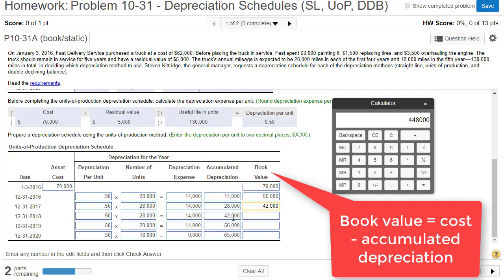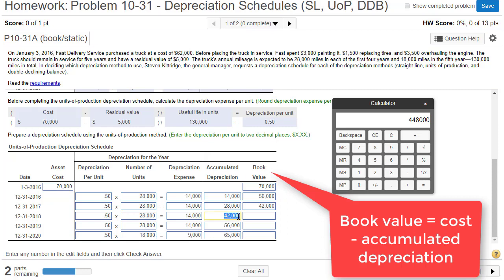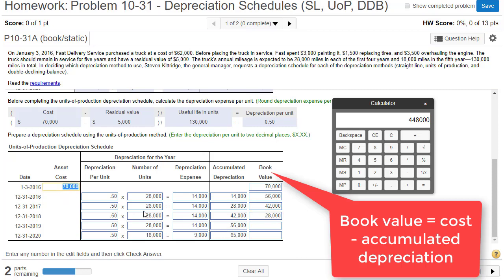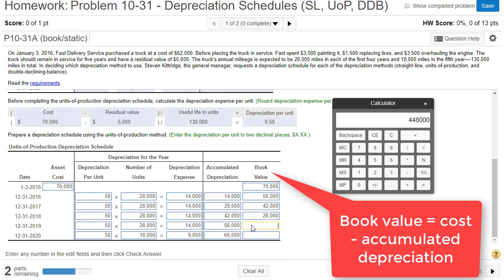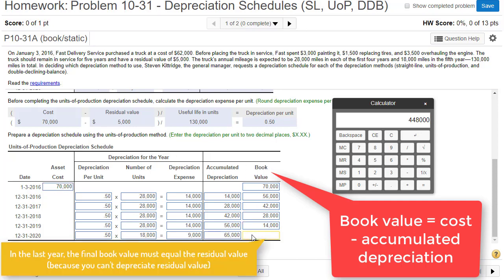The next year, 70,000 cost minus 42,000 gives us 28,000 book value. The next year, 70,000 minus 56,000 gives us 14,000. And then last year, 70,000 cost minus 65,000 accumulated gives us 5,000. And again, the book value in the last year needs to be equal to the residual value, which was 5,000.